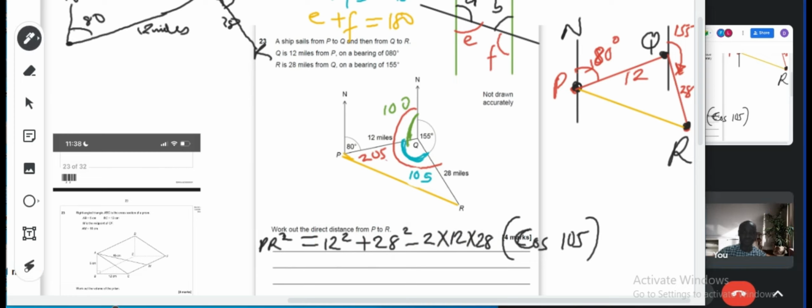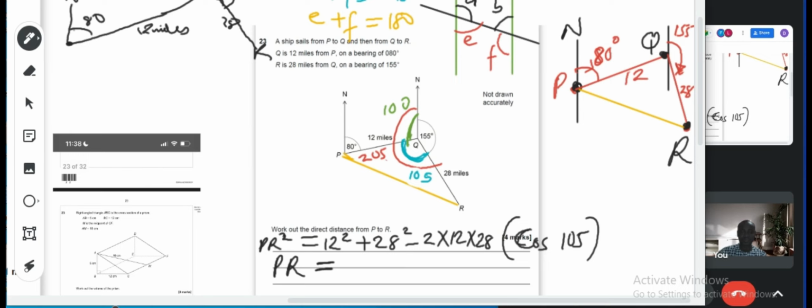I got 33 point something. Is it everything or just PR squared? Well, I don't know. My calculator isn't working. It has to work. I have another one, but it's in my school bag, far away. Okay, let's go. What did you say you got?